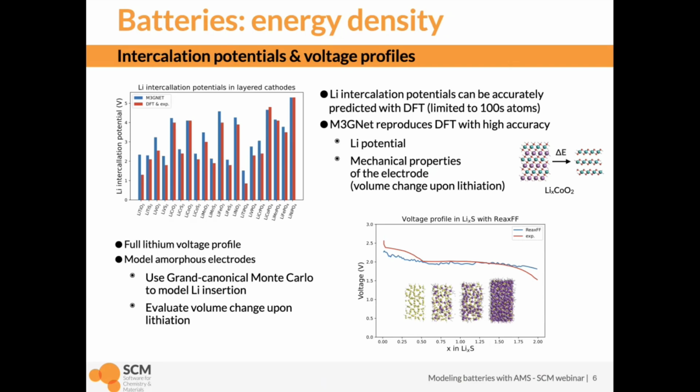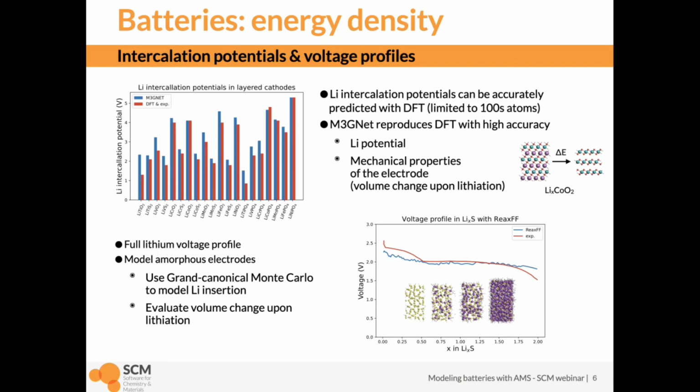Another thing you can do is predict the entire loading curve when you apply a voltage. This can be done with Grand Canonical Monte Carlo, where you successively add lithium to the material and then find the lowest energy configuration using Monte Carlo.